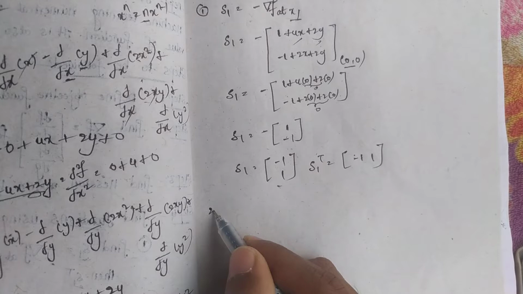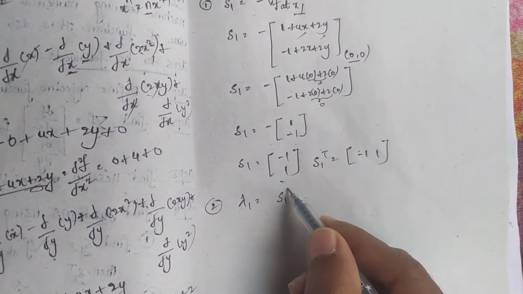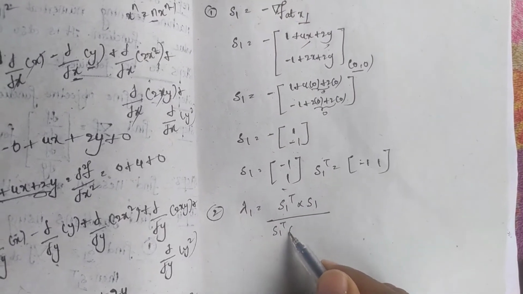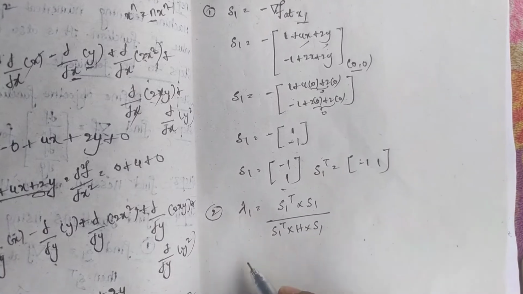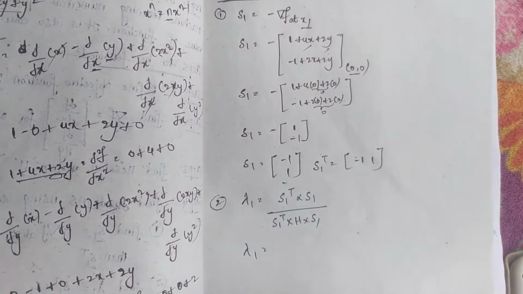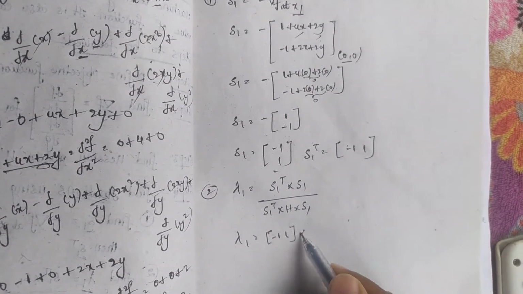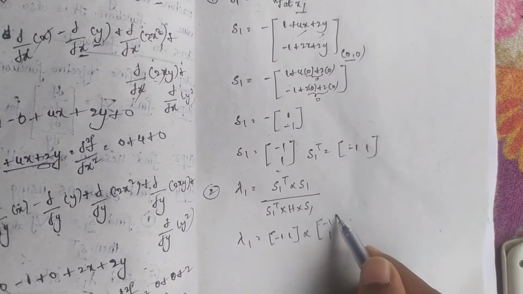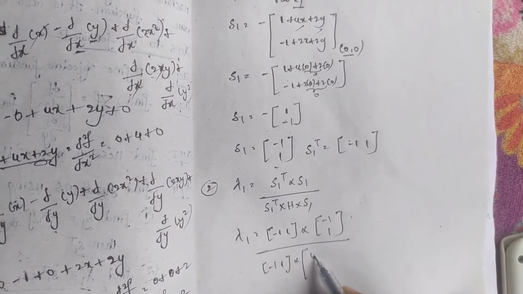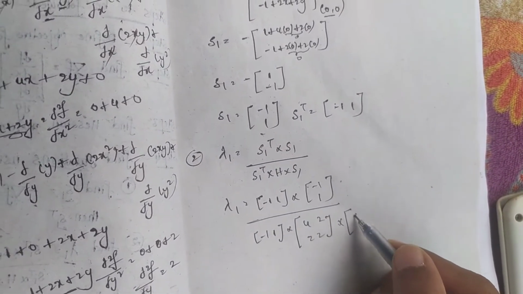Now the second one is we have to find out the lambda 1 value, by using this formula: S1 transpose into S1 by S1 transpose into H into S1. By placing all these values in this place, that is S1 transpose value is minus 1, 1, into S1 means minus 1, 1, into the Hessian matrix 4 2 2 2, into minus 1, 1.